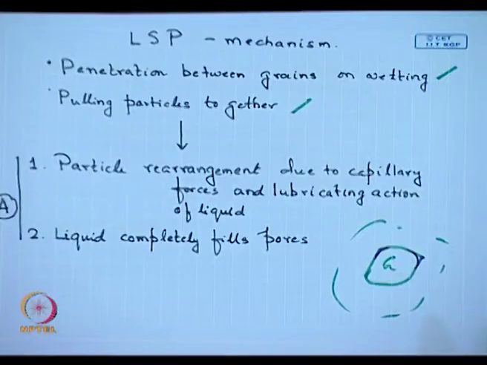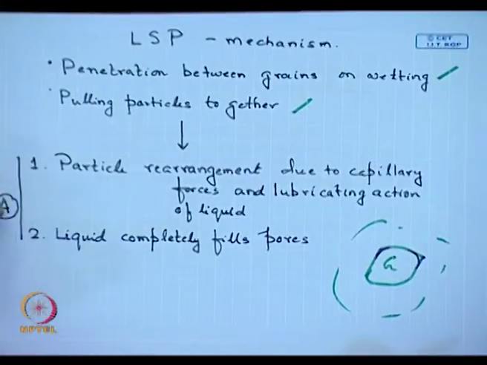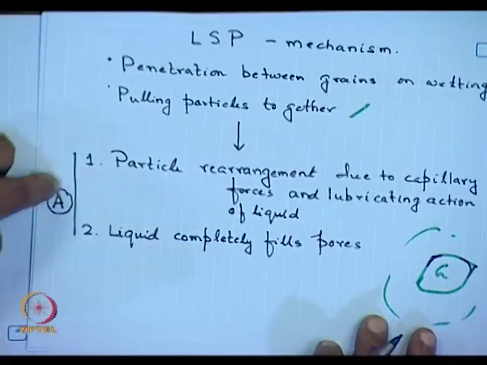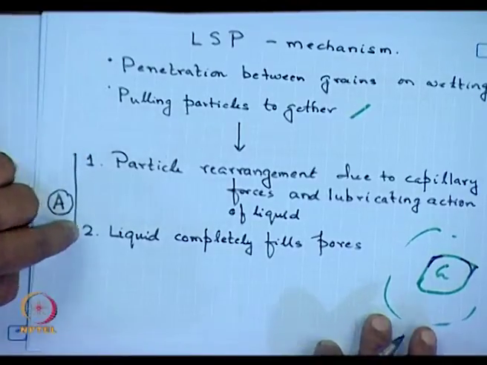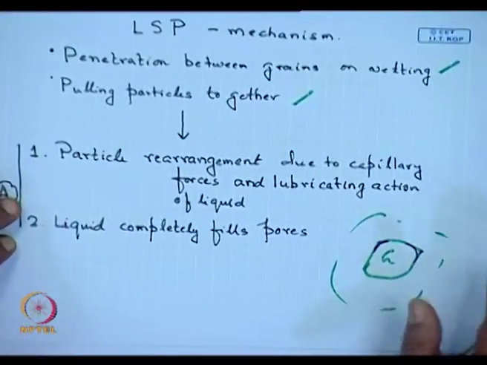So essentially, pore removal, if I have got a proper liquid phase which is properly wetting and sufficient in amount, is not a problem. The maximum densification occurs in this first stage itself, this A, due to particle rearrangement and the liquid completely filling the pores.